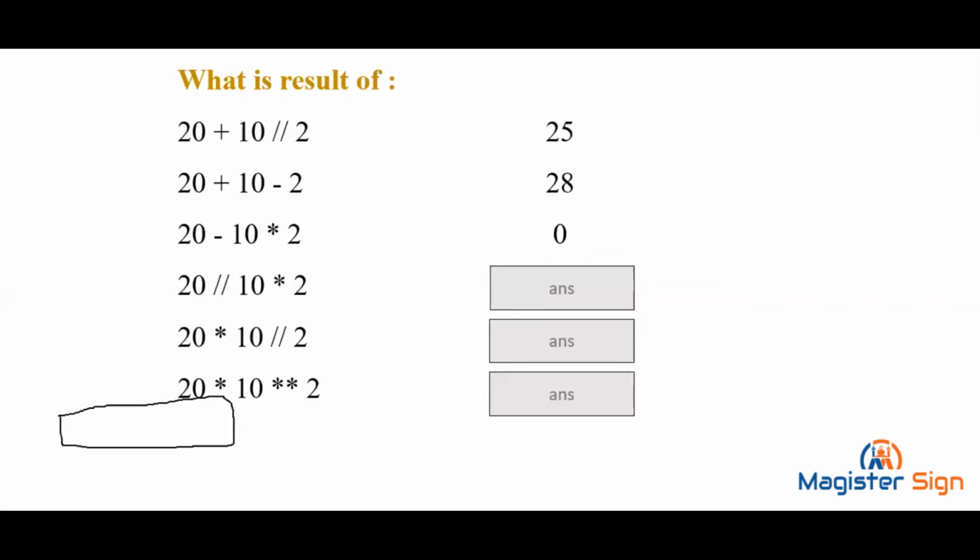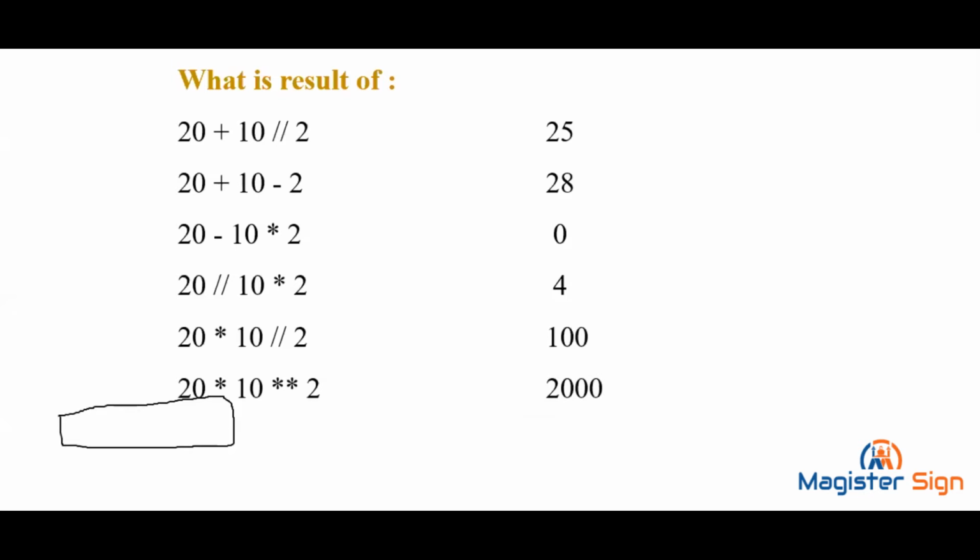Yeah, 0. 4. Great, 4. 100. Yes, exactly. And then 400, it should be 10 to the power 2. It's 100. Yeah, correct.